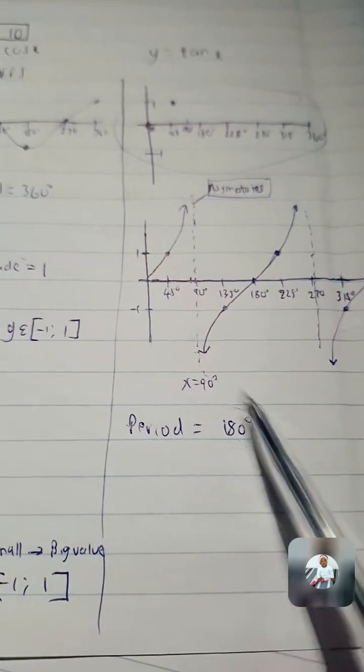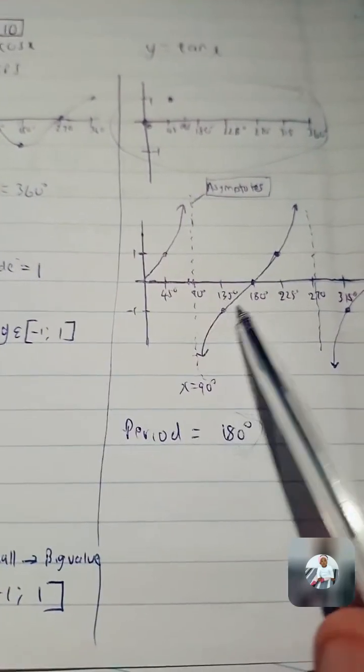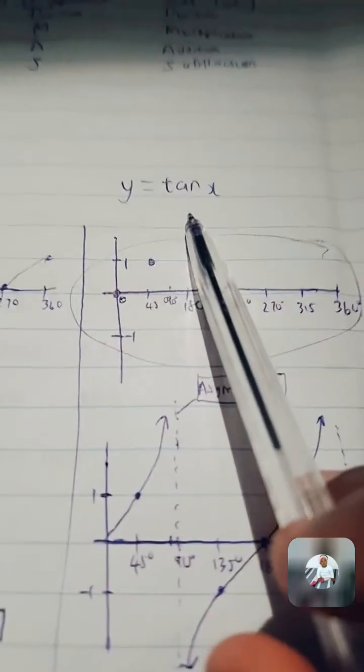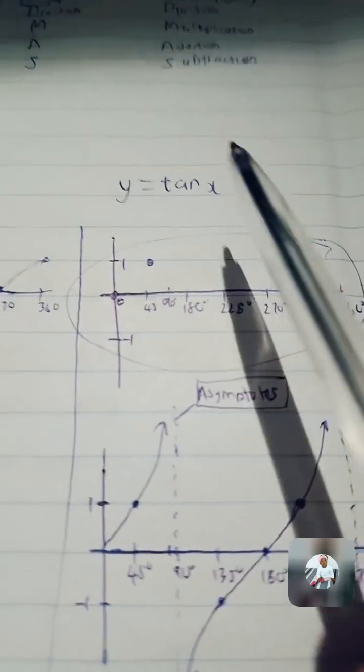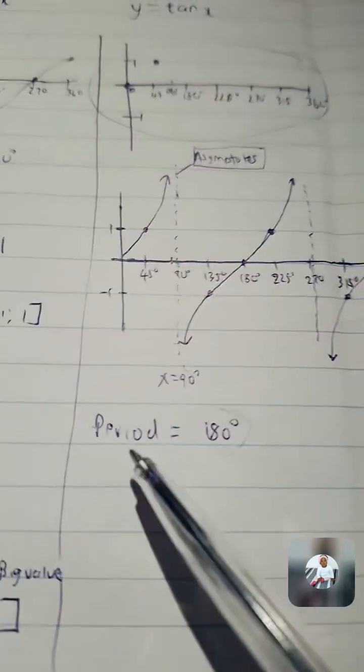But for grade 10s, guys, please, let's understand the period of the mother tan graph. The mother tan graph has a period of 180 degrees.